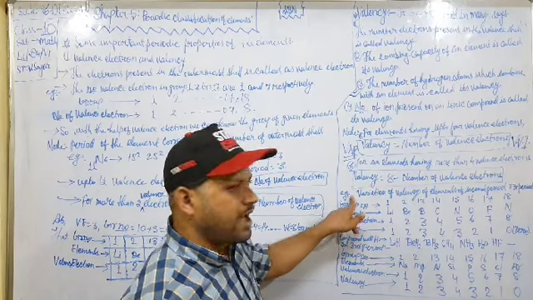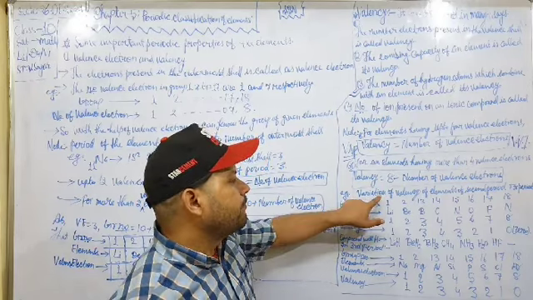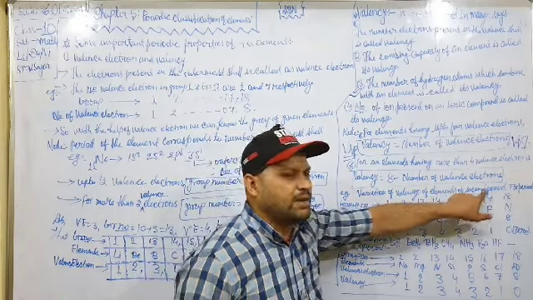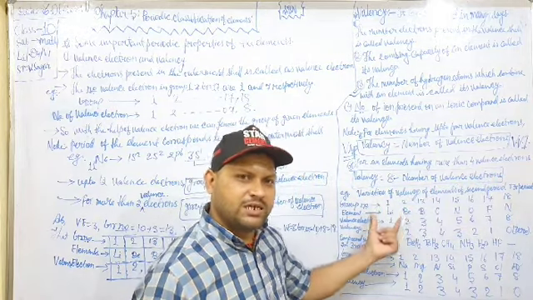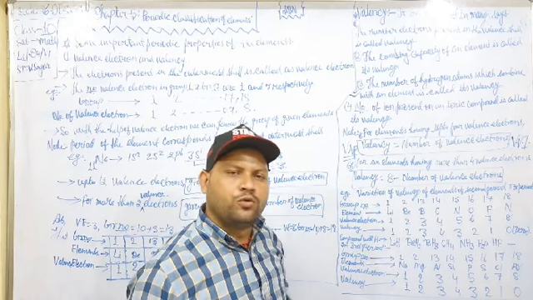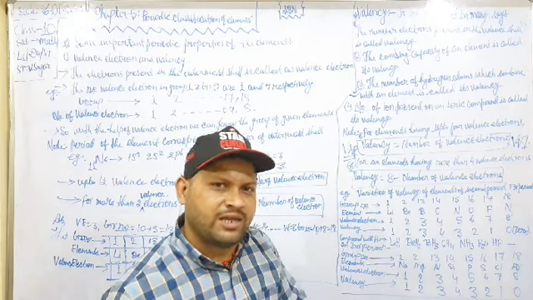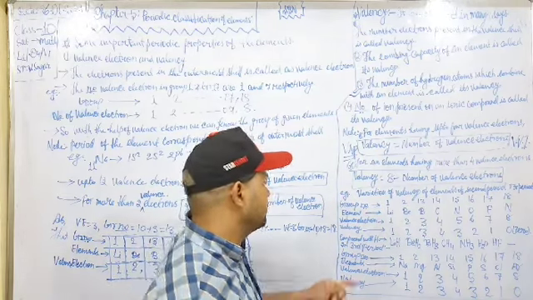And I have written an example regarding the variation of valency of elements of the second period and third period, and I hope with the help of these examples you will understand all these things related to valencies. Let's look at it and try to understand.